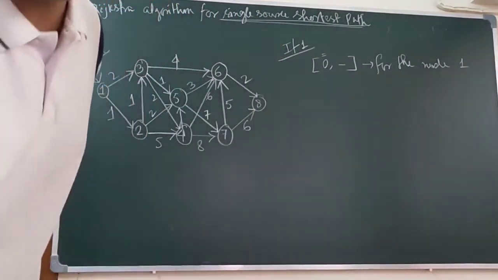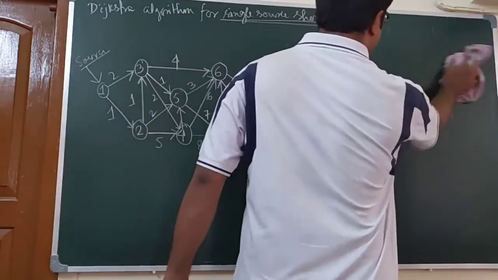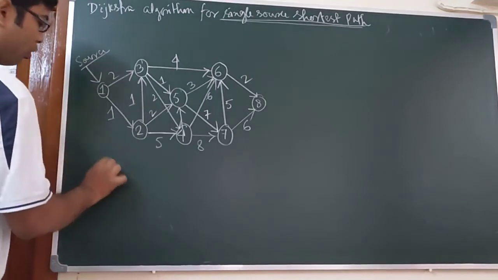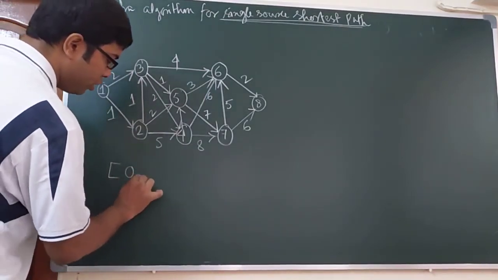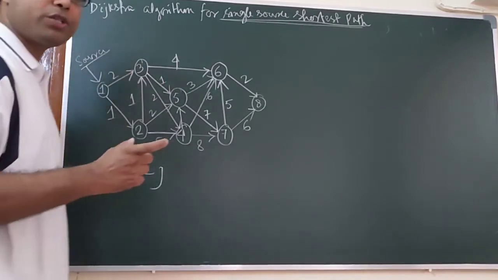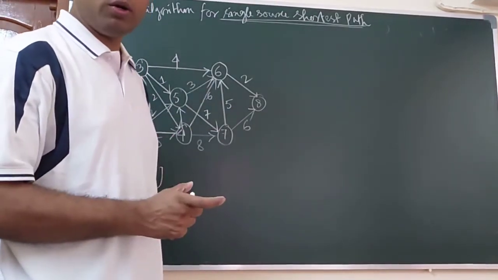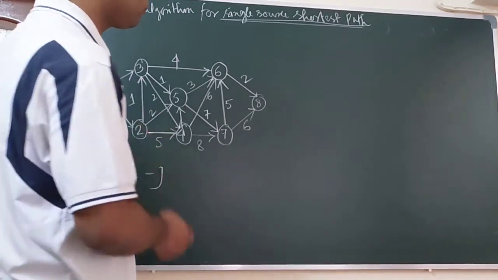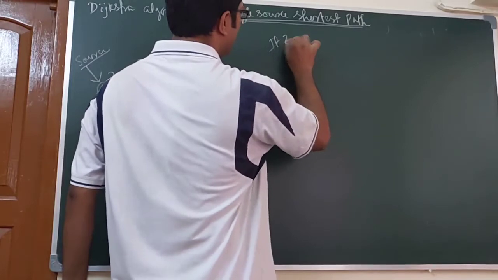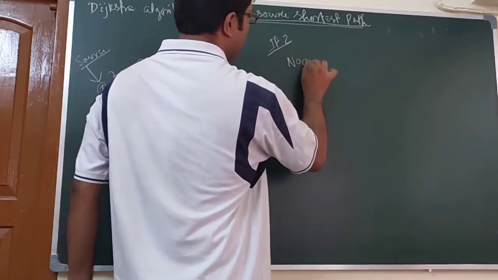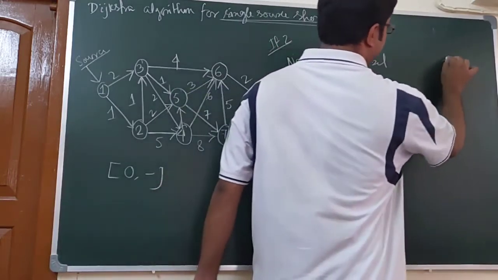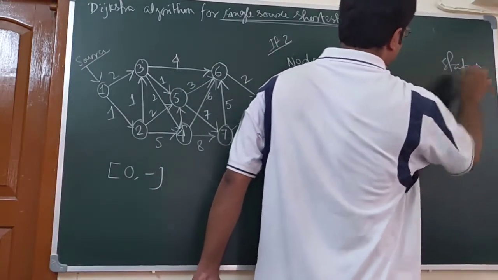In iteration 1 we found 0, null for the source node, and we make this level permanent. Now iteration 2. We write the node number, its level and its status.